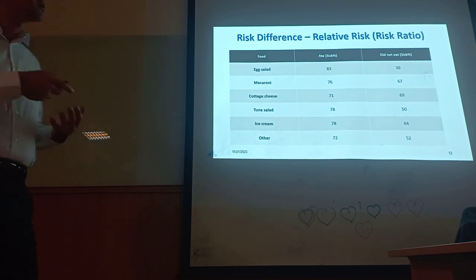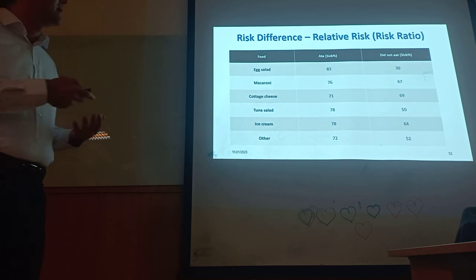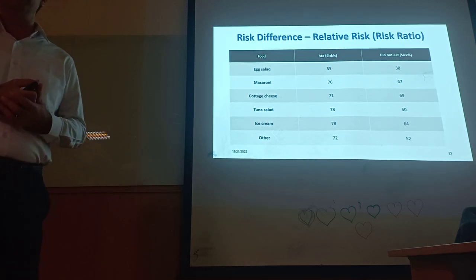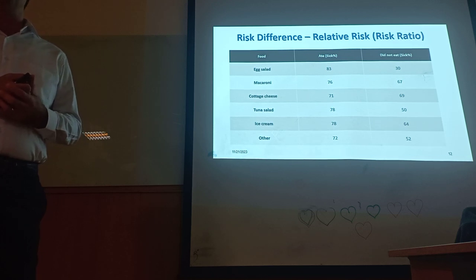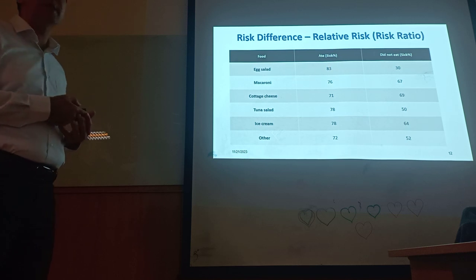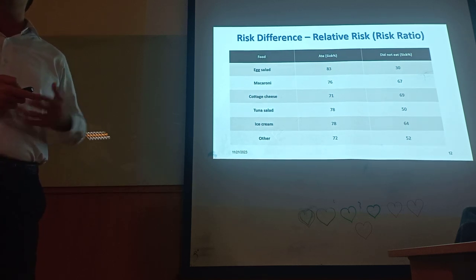Those who did not eat egg salad had an absolute risk of 30%. And the risk difference between those who ate and those who did not eat is, what is the absolute risk?